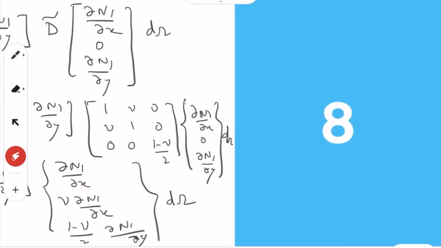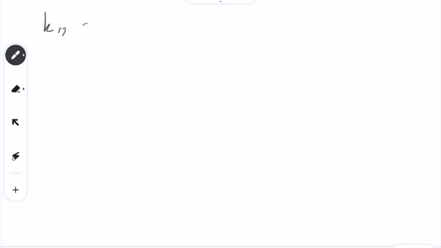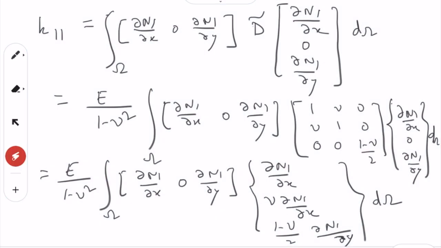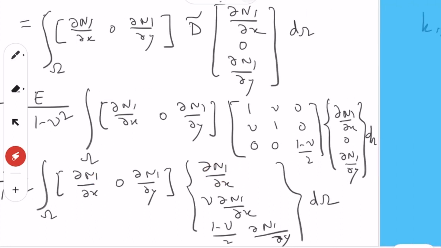So basically k11 is equal to E over 1 minus nu square, then del n1 over del x squared plus 1 minus nu over 2 del n1 over del y squared, and d omega.